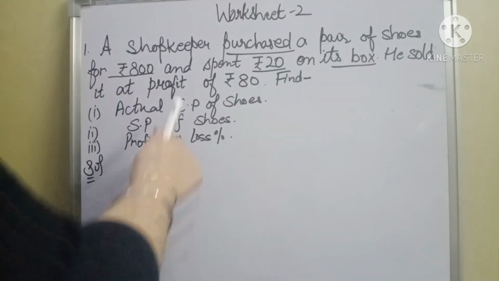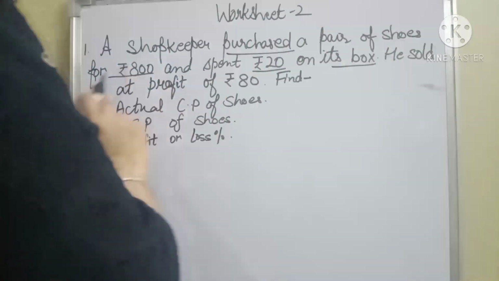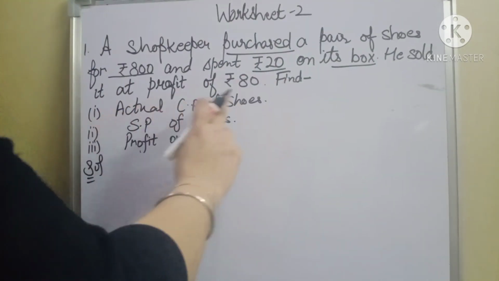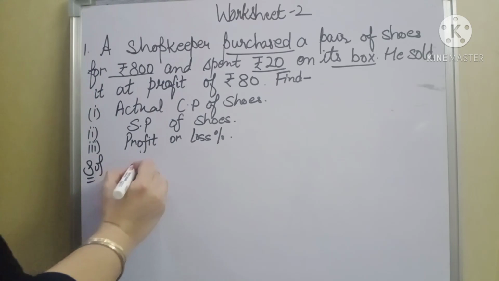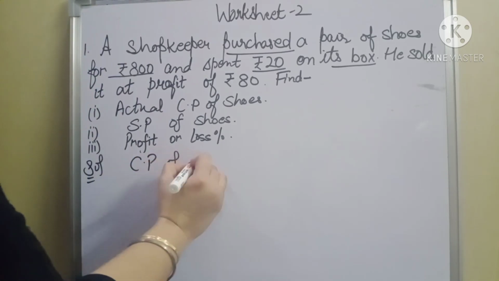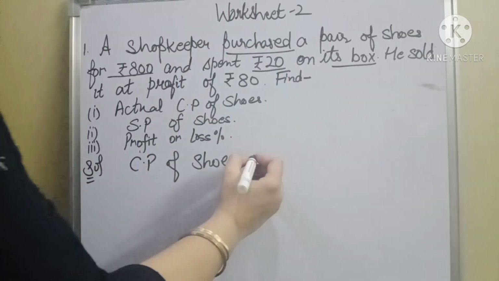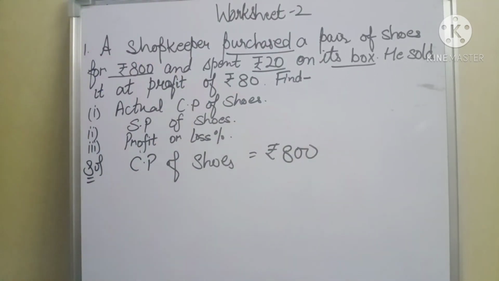Let us solve worksheet 2 together. A shopkeeper purchased a pair of shoes for rupees 800 and spent rupees 20 on its box. He sold it at a profit of rupees 80. Find the actual CP of the shoes, SP of the shoes, and profit or loss percent. Now, what is given to us? The cost price of the shoes, since the shopkeeper purchased them, is rupees 800.